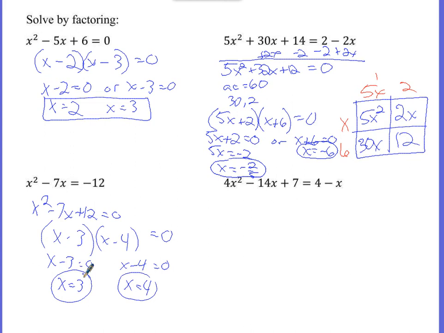And the fourth one, what should we do? Yeah, we got to get equals 0 over here. We have a positive x squared sitting over here, so I want to get this stuff out of there. What do? Subtract 4, add x.